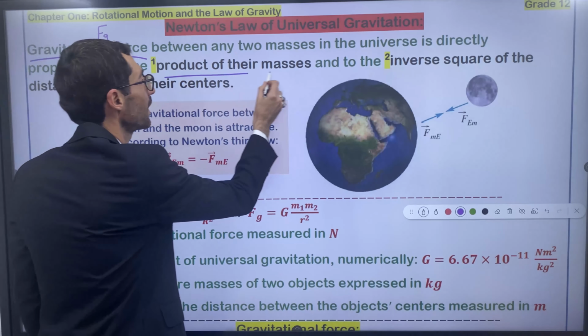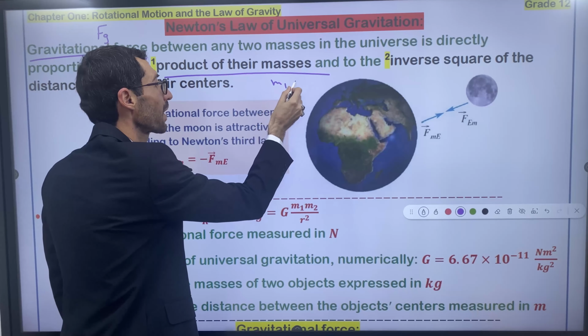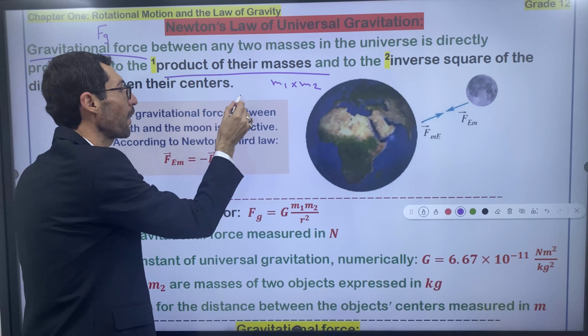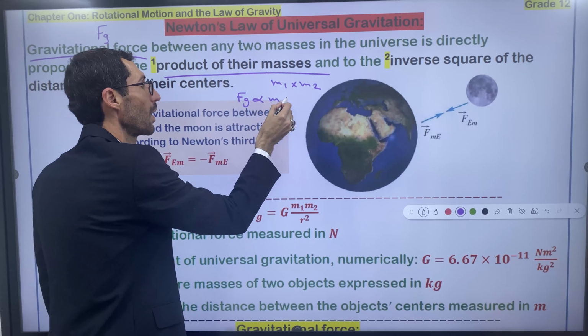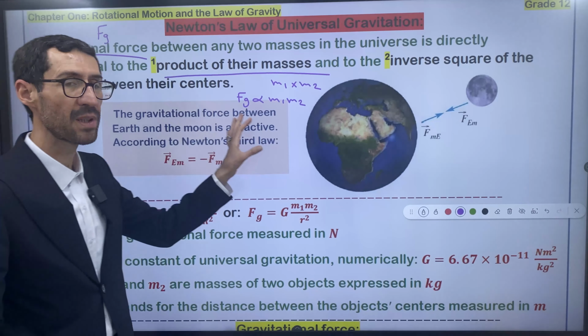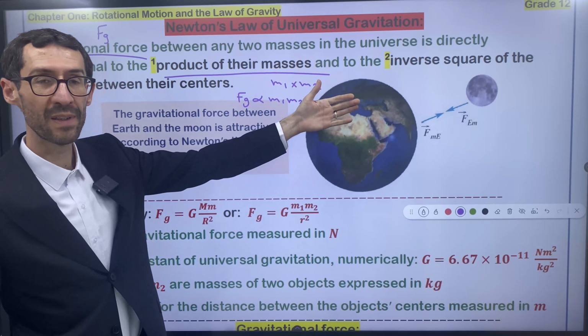To the product of their masses, meaning m1 multiplied by m2. Simply we can say Fg is directly proportional to m1 multiplied by m2, or you can say m capital, m small, it doesn't matter. So this is the first part of the law.